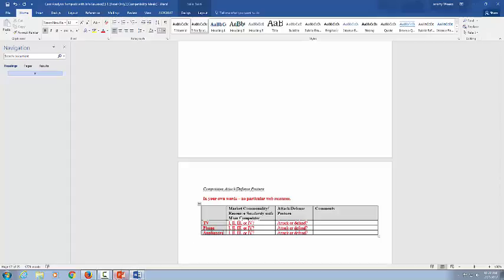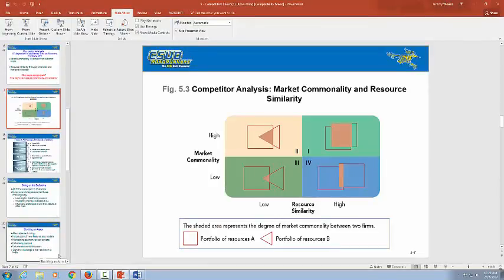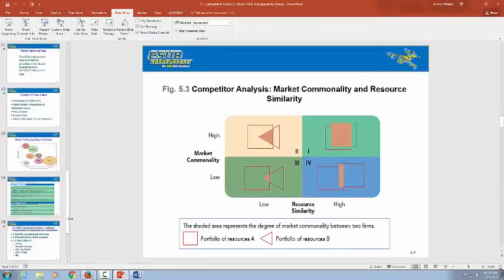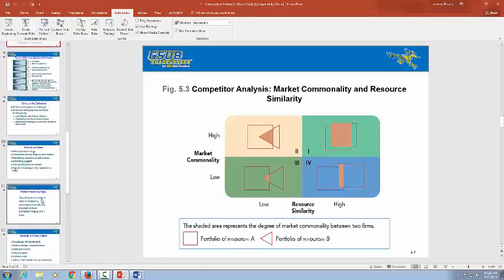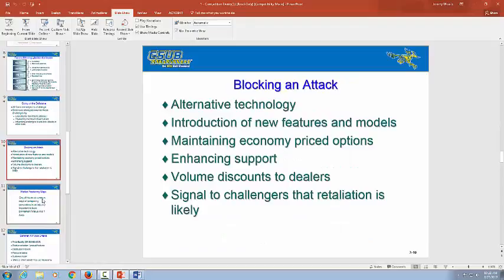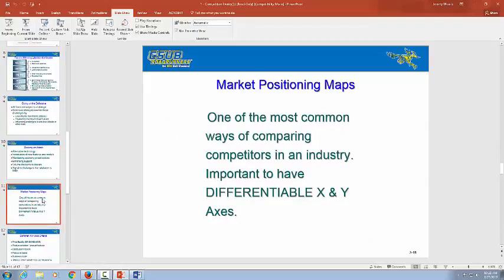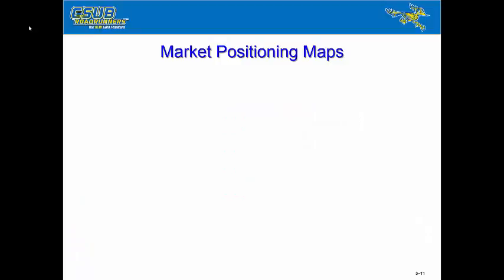Well, then we go back to the slides and we talk a bit about market positioning maps. Market positioning maps are probably something that a lot of you are already familiar with from your marketing classes.